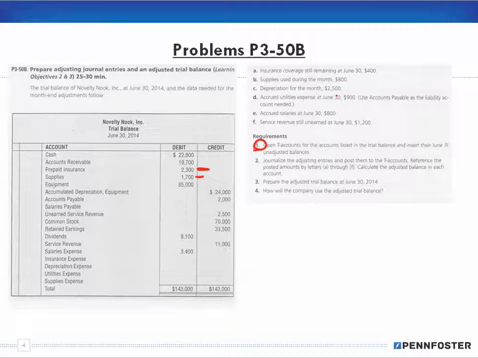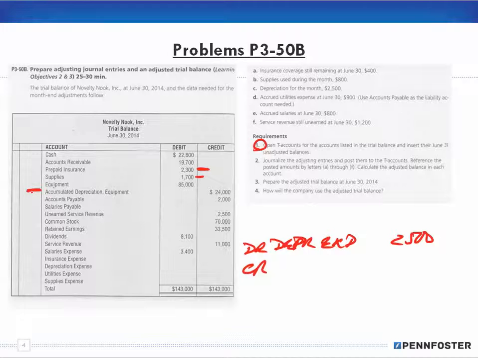Depreciation for the month is 2,500. That means I'm increasing my depreciation account, which was 0. So I'm going to debit depreciation expense by 2,500, and I have to credit something else.